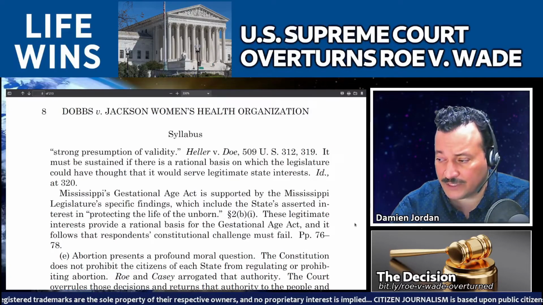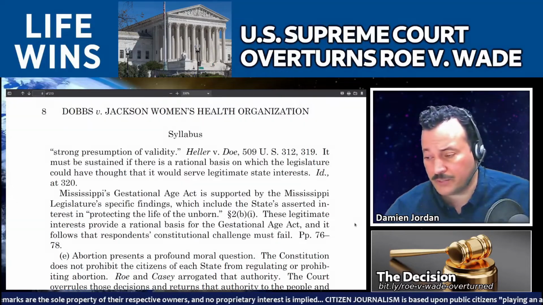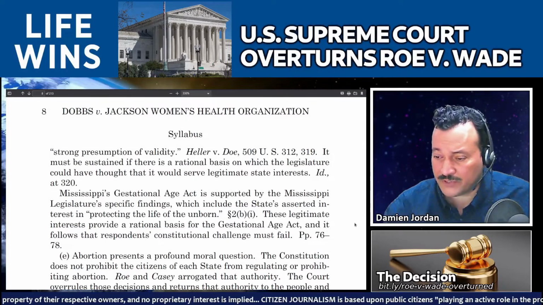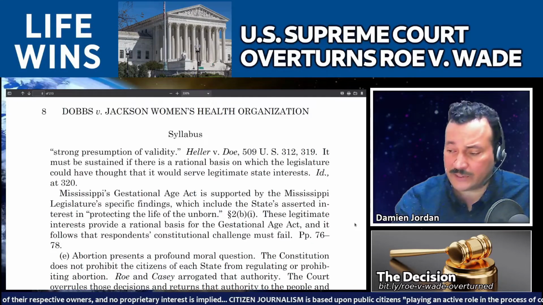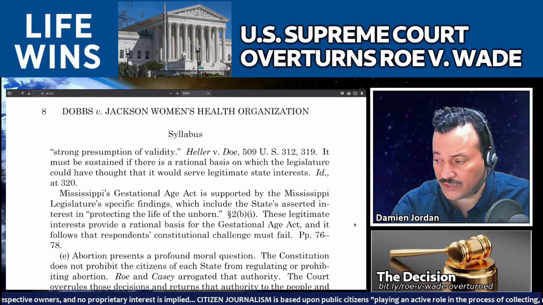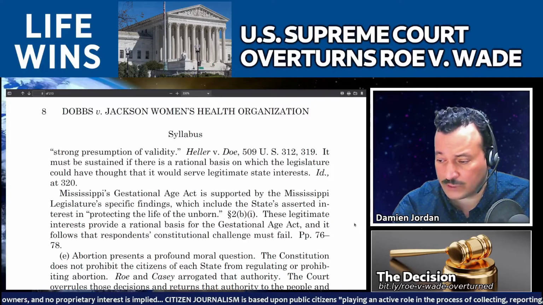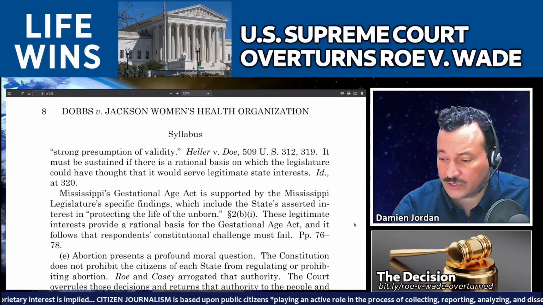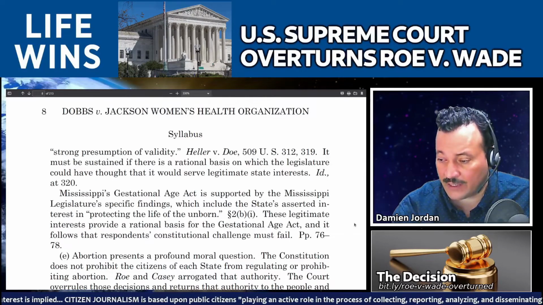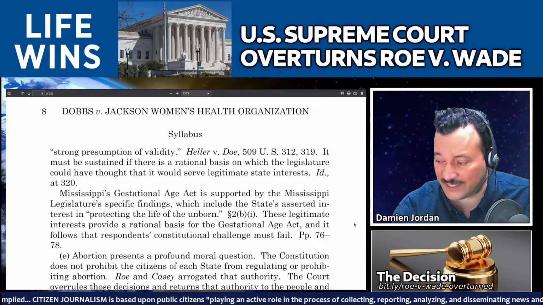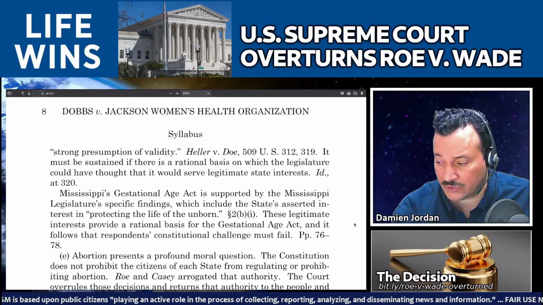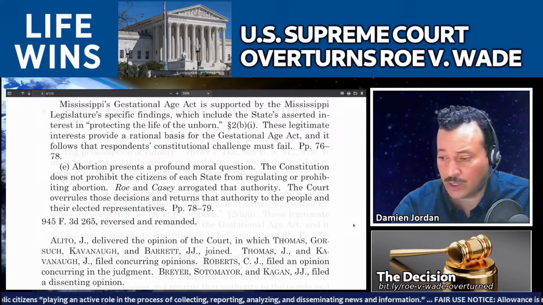serve legitimate state interests. Mississippi's Gestational Age Act is supported by the Mississippi legislature's specific findings, which include the state's asserted interest in "protecting the life of the unborn." These legitimate interests provide a rational basis for the Gestational Age Act, and it follows that respondents' constitutional challenge must fail.